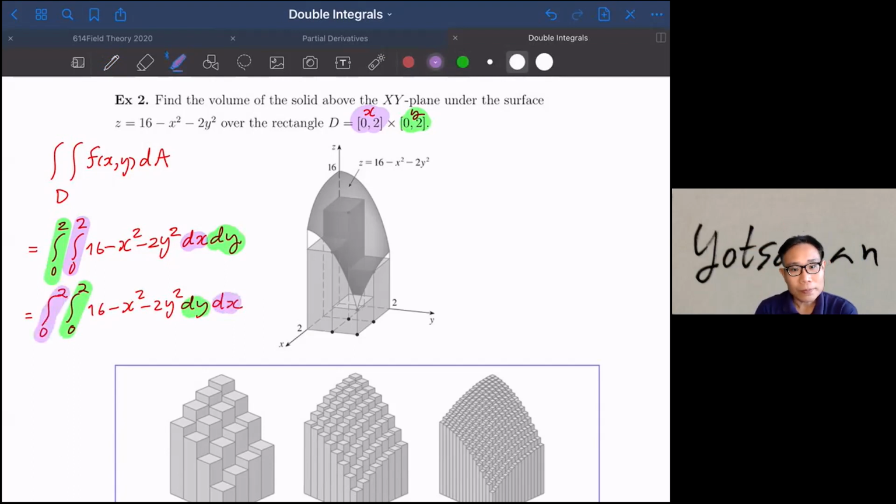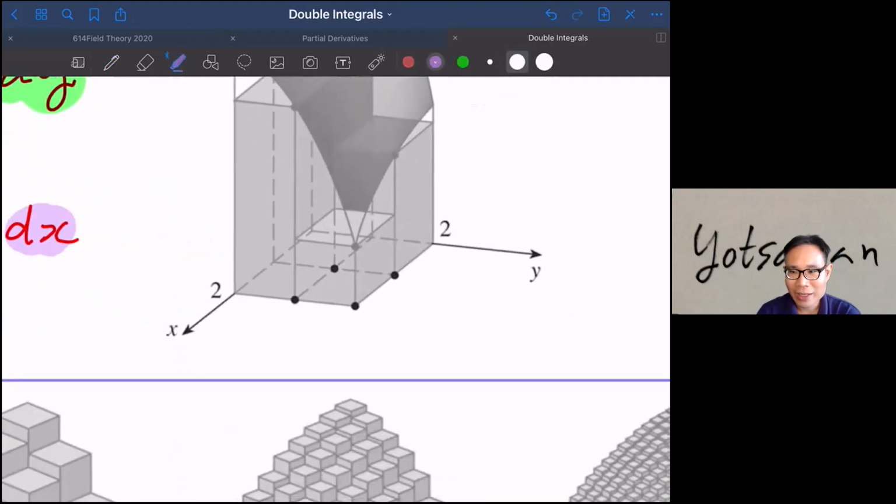Then you have to pick one to integrate. You don't need to integrate both. Some of you used to ask me, can you show me where our D is? Your D here turns out to be from 0 to here, and your D turns out to be this one for x.